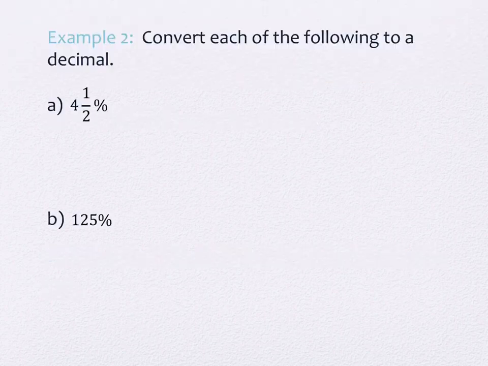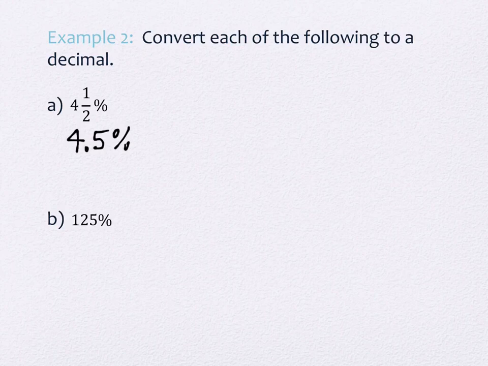Okay, so we're going to do a couple examples. Directions again say to turn these percents into decimals or into number form. This is 4 1/2. Much easier to work with if we write it like this. All right?